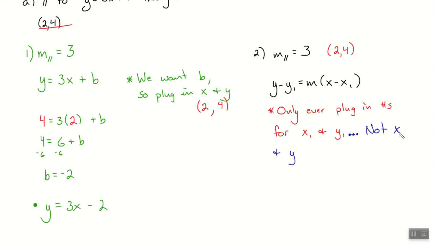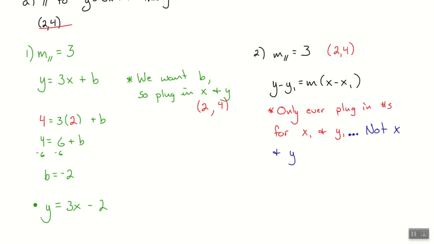And really important here, can you tell me the difference that I'm trying to really highlight? Am I ever going to replace this thing in my equation? Never. Never, never. I'm always going to keep it y. I will replace the y1. I will never replace the x. I will only replace the x1. And the m, we're going to put it in because I already have the slope. Never touch just x or just y. You can touch x1 and y1.